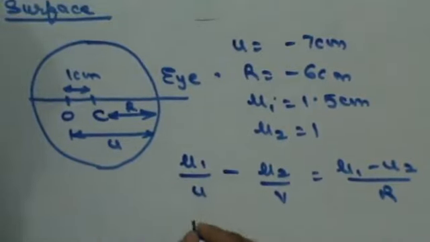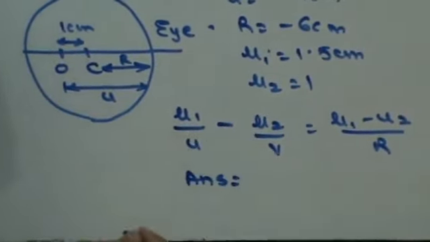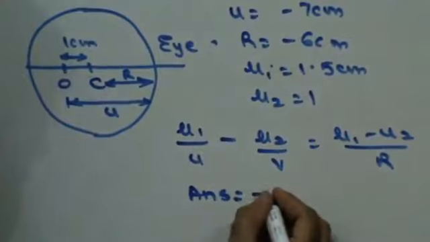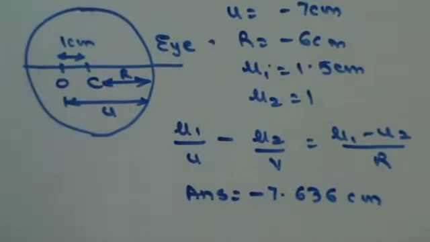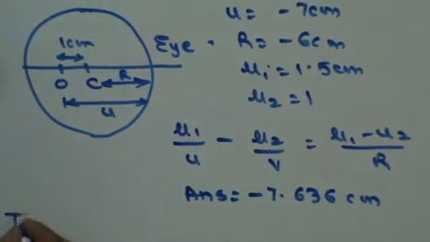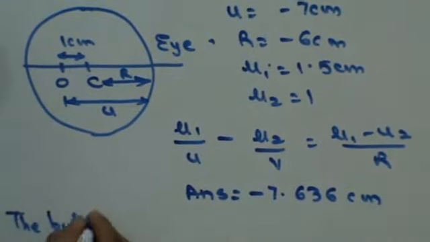I am just directly going to give you the answer. I want you to solve this on your own. The answer for this should be minus 7.636 centimeters. That means the bubble will appear 7.636 centimeters below the surface of the sphere.